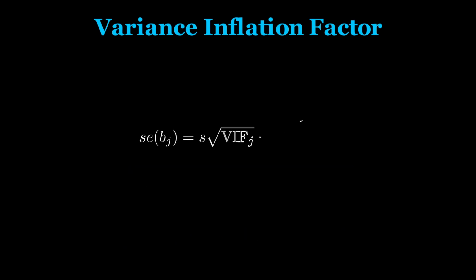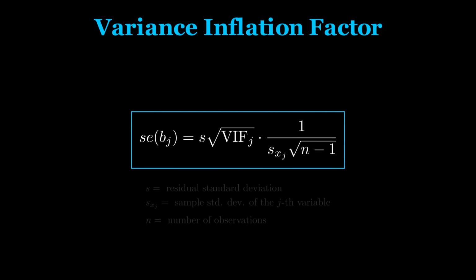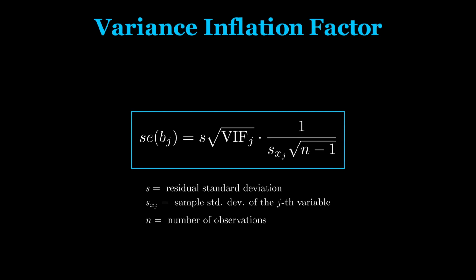The VIF is preferred over r² sub j because of its direct relationship to the standard errors of the regression coefficients. The standard error of b sub j equals s times the square root of VIF sub j divided by s sub xj times the square root of n minus 1, where s is the residual standard deviation and s sub xj is the sample standard deviation of the jth variable.